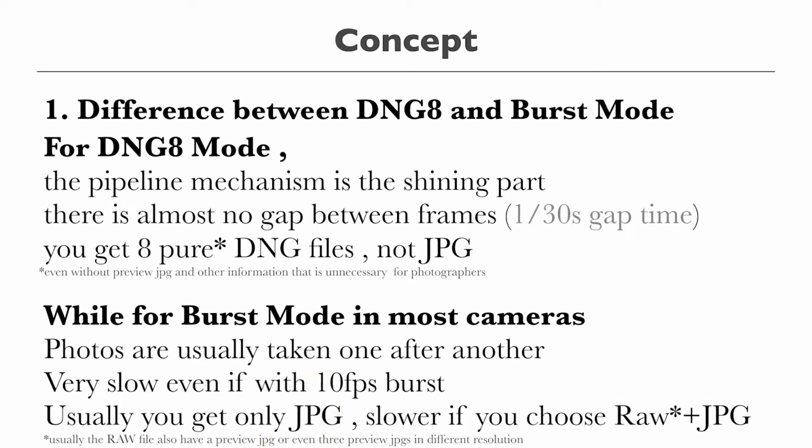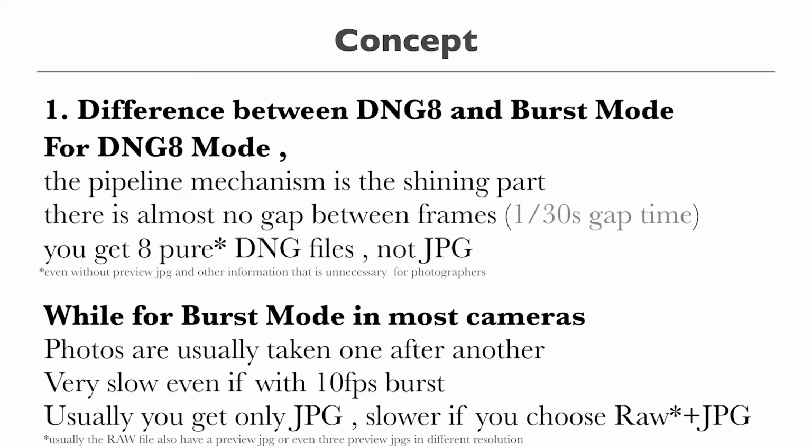And for some high-end professional cameras, you can choose RAW plus JPEG with 10 frames per second burst. But in that raw data, you also have an embedded preview JPEG, or even 3 different preview JPEG files in different resolutions. So that RAW plus JPEG burst is way too slow compared with the DNG8.